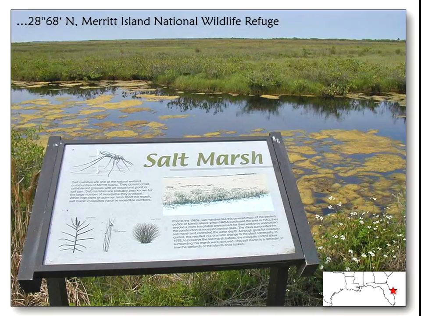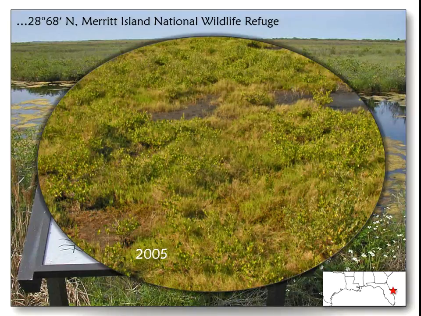And it tells you what species you're seeing and some of the ecological things that are going on. But in 2005, if you zoom in on that side, you can see these little things here. I can point them out. These little glistening things, those are little mangrove trees, right?